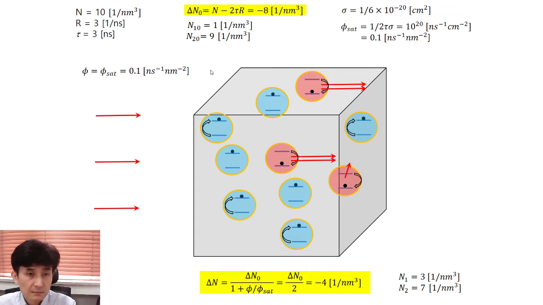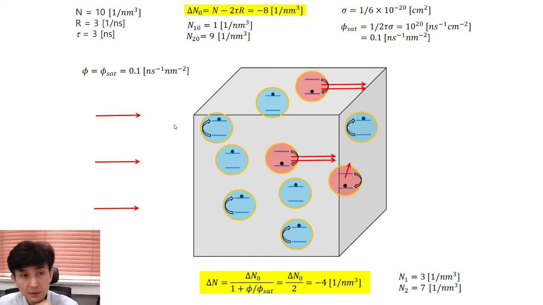So when phi is equal to phi set, that is 0.1 photons per nanosecond per nanometer square, delta n, the population inversion, is reduced from delta n naught to delta n naught over 1 plus phi over phi set. As phi is equal to phi set, this becomes 1, so 1 plus 1 becomes 2, so population inversion is decreased by 2.